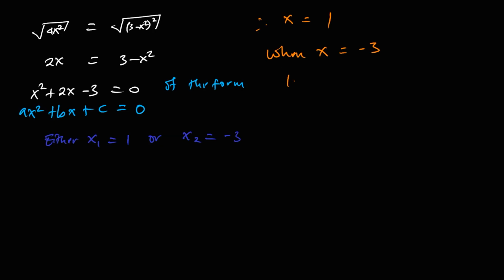From the problem, we have log of 4x squared base 25 equals log of 3 minus x squared to base 5. Let's substitute our x equals -3.